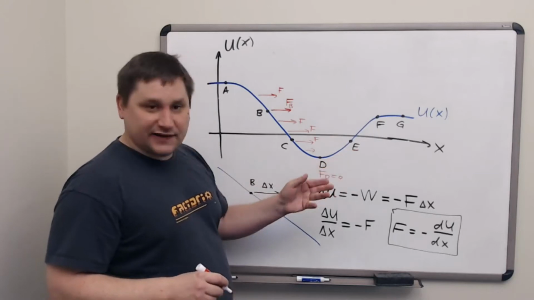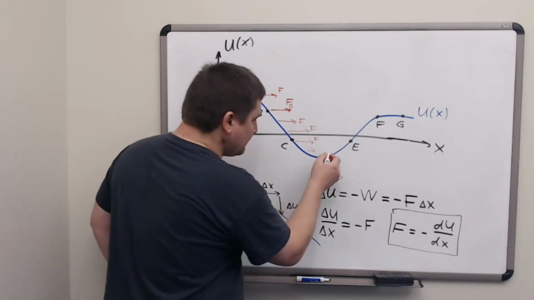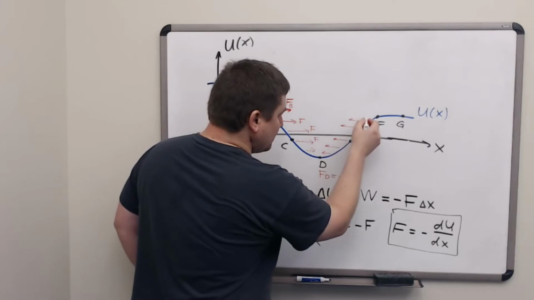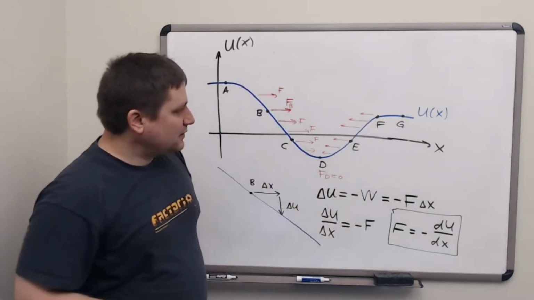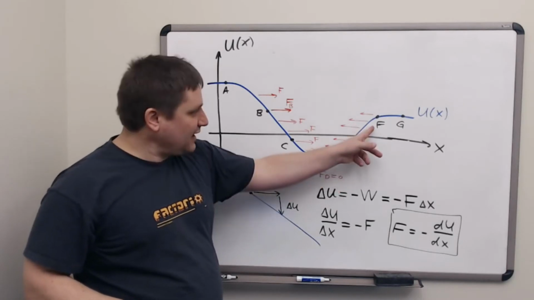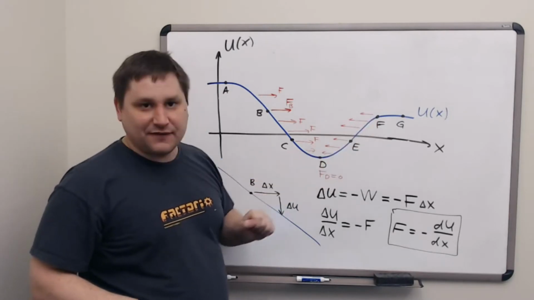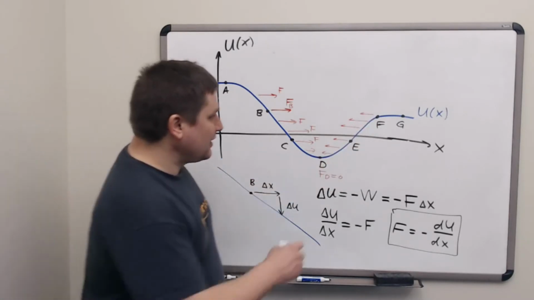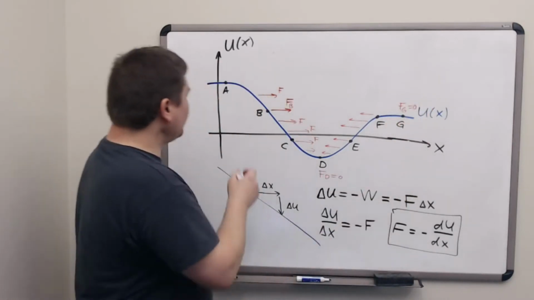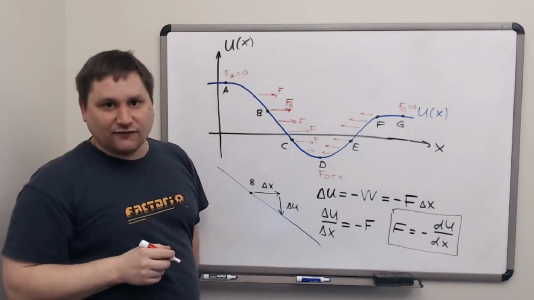Between D and E, we see a positive slope, so the force would push the object to the left. We can tell that the force at E would be somewhat larger than the force at location F, because the slope at E is steeper than the slope at F. It also appears like location G and location A would be points of 0 force.